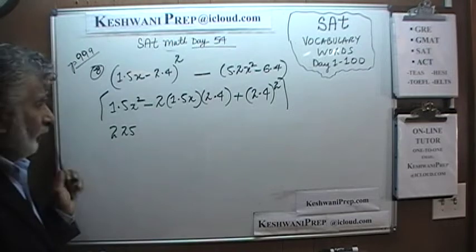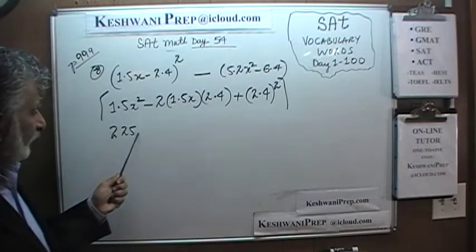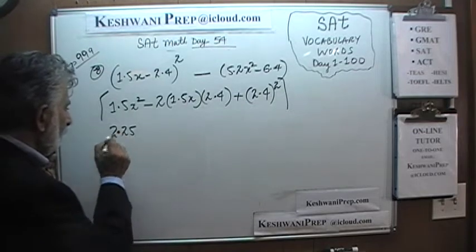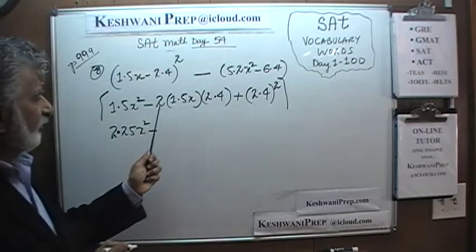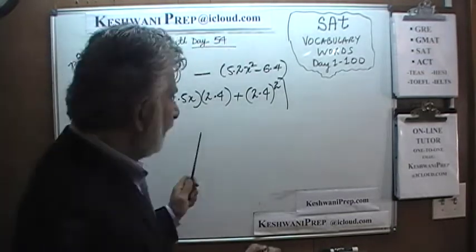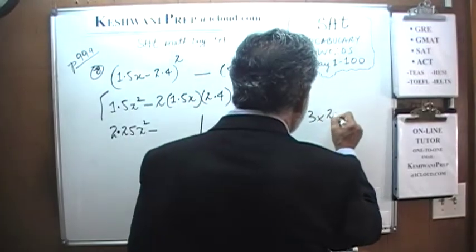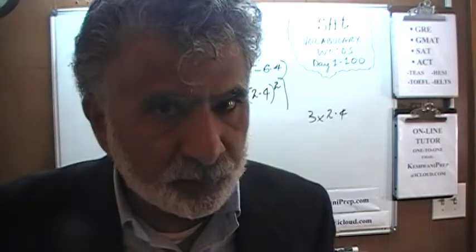225. We don't have 15, we have 1.5. So 1.5 times 1.5, you have to move the decimal 2 spots. It's going to be 2.25 x squared minus, this is very straightforward, 2 times 1.5 is 3. 3 times 2.4. Again, just think logically. You know what 3 times 25 is, don't you?